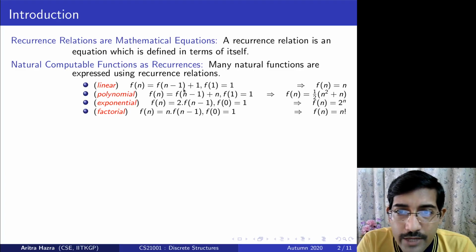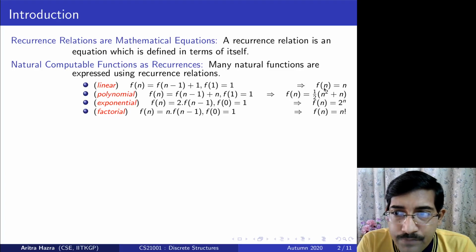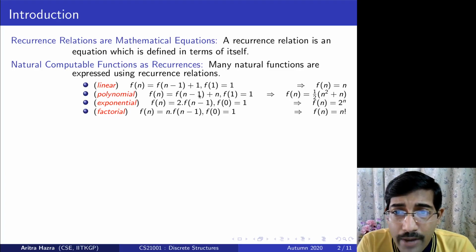If you expand this function, it will be fn minus 2 plus 1 plus 1, then fn minus 3 plus 3, and so on. Finally you will get the closed form fn equal to n. We have also seen quadratic or polynomial type functions, where you can say fn equal to fn minus 1 plus n. When you expand, it will be fn minus 2 plus n minus 1 plus n.